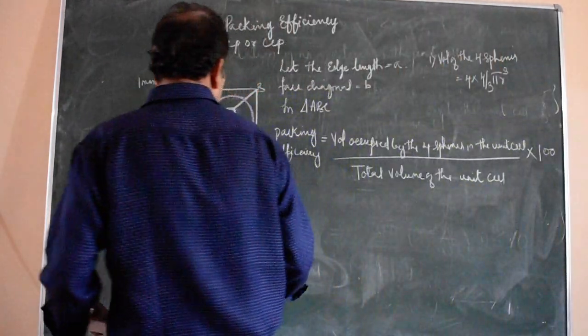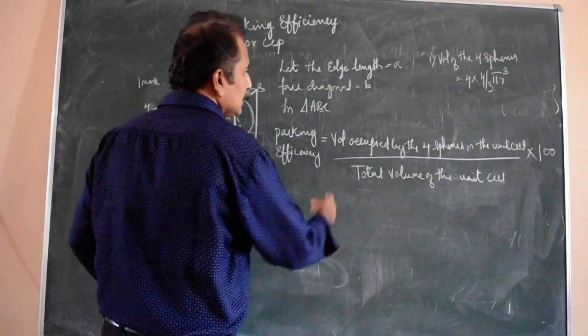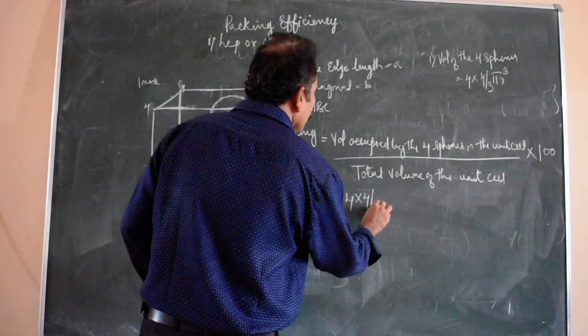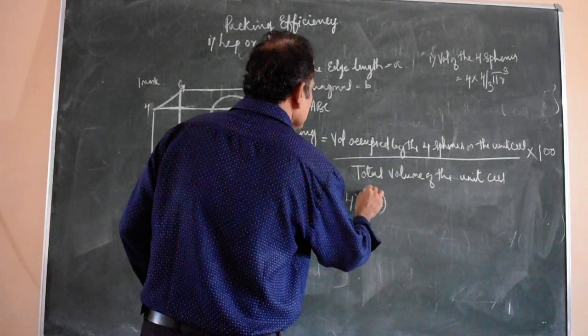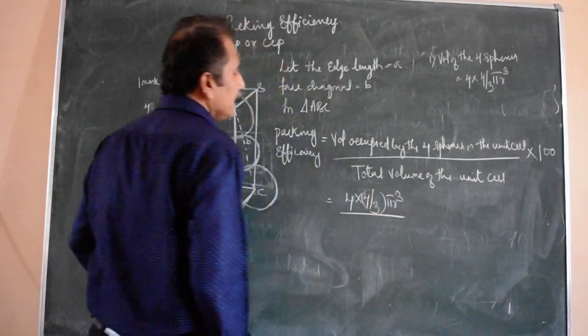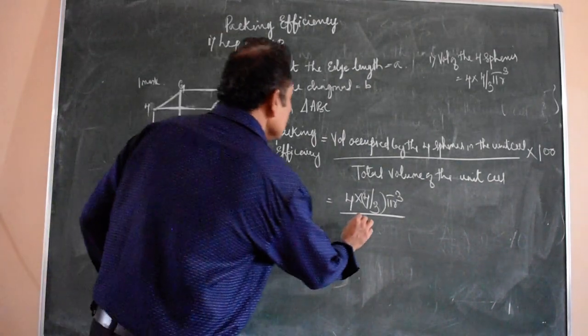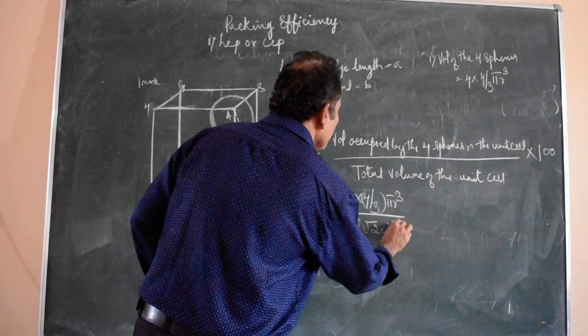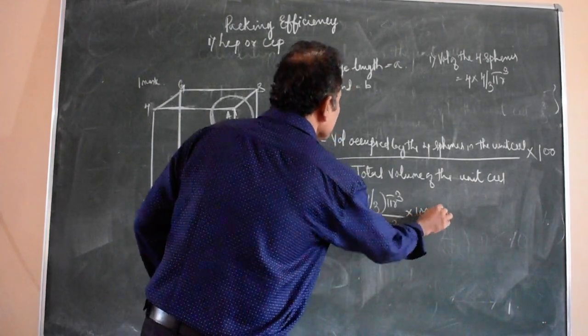Okay. So now substitute. What is the volume occupied? 4 into 4 by 3 pi r cube divided by 2 root 2 r cube into 100.